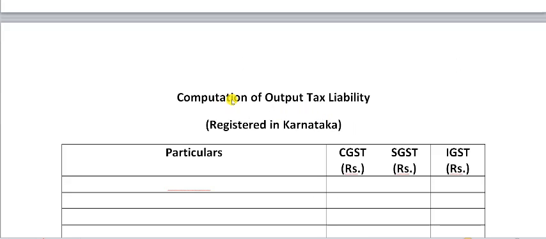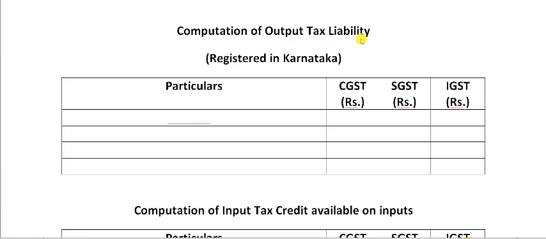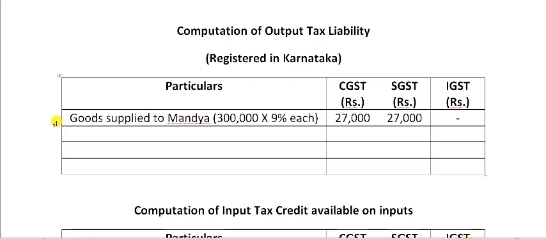So first we'll try to find out the computation of output tax liability. As we all know, the person is registered in Karnataka. Let's start. So the first supply is to Mandya, that is 3 lakh worth goods are sold within Karnataka. Mandya is in Karnataka, so it is sold within Karnataka.